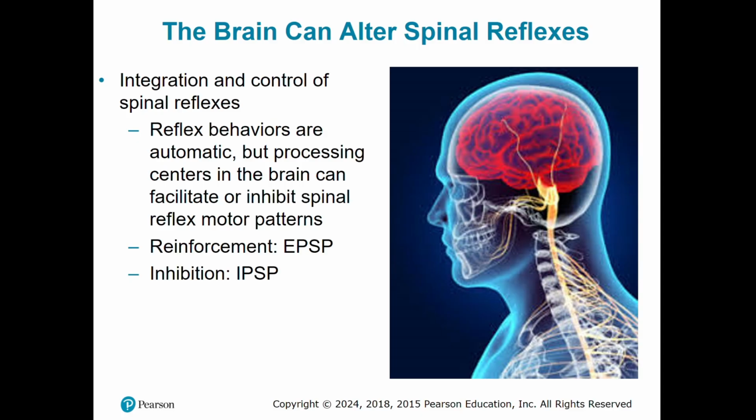With IPSP, that's inhibitory postsynaptic potential. And so sometimes the reflex behaviors over time are going to cause us to inhibit by not having a motor neuron fire in the postsynaptic area. The brain is going to see these over time, and it's going to make the behaviors a lot faster and automatic when you have repeated exposure to them.